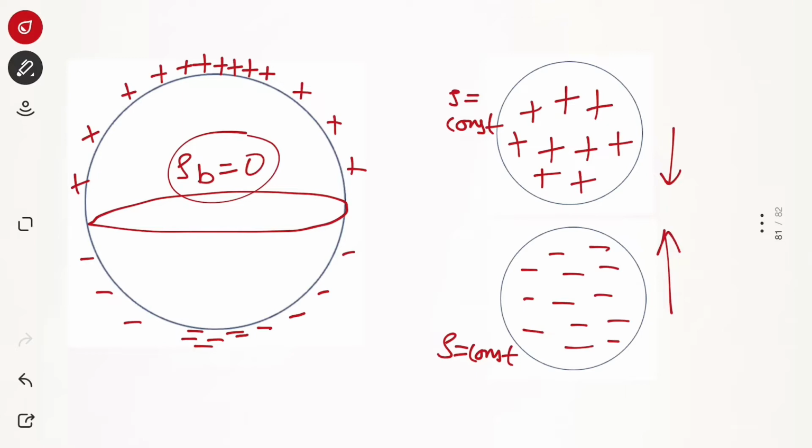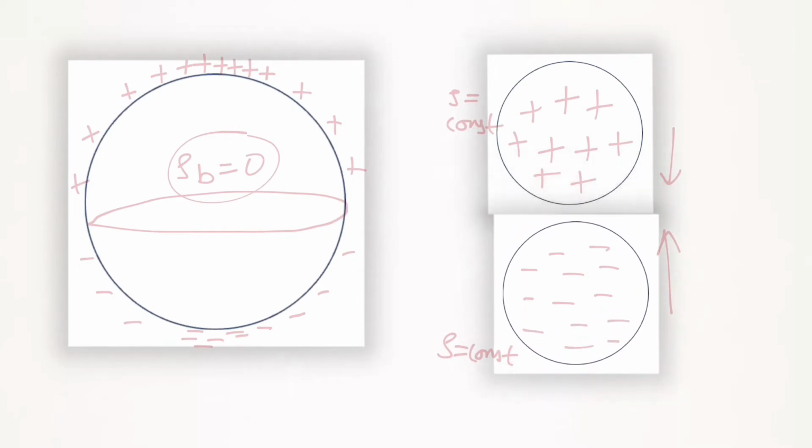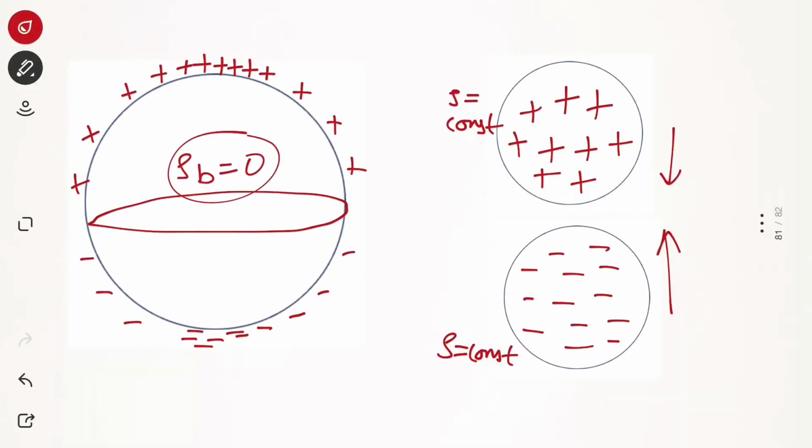So let us consider we just merge them. When I merge them like this, these positive charges will neutralize the negative charges, and we'll have rho equals 0 inside. But one thing we also have to take care of is that the charge distribution on the surface should be like this. It means we should have more positive charge on the upper side and more negative charge on the lower side, and as we go down the charge density should decrease.